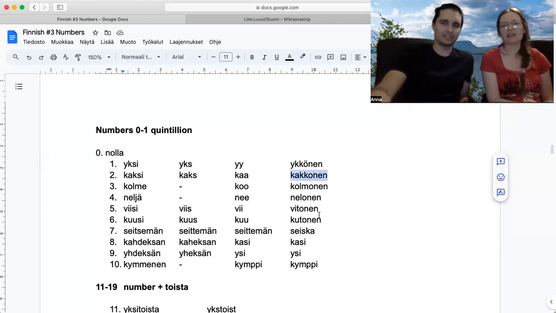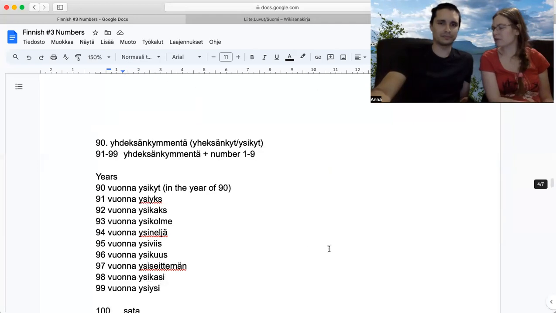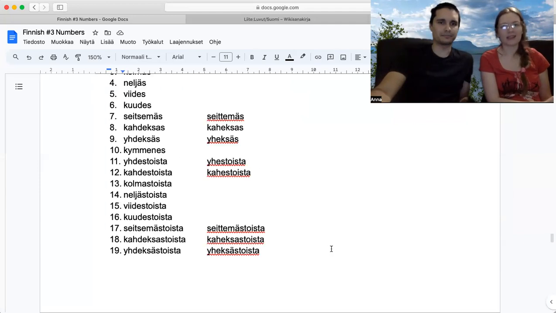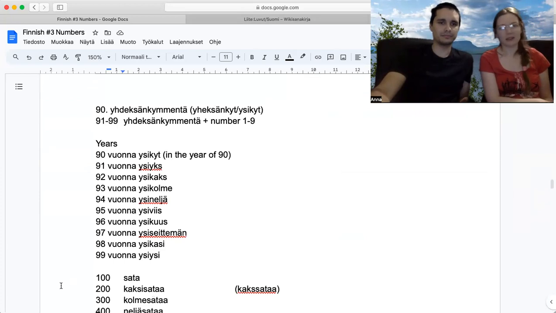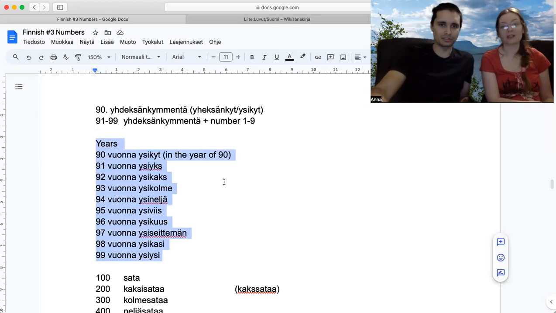Explaining it would be too complicated, going through every possible combination. In this case, you just need to hear how the natives talk, and then you'll just get it. Of course you can say I was born in 1993 or whatever, but this is the colloquial. This is the most probable way you will hear it in speech.